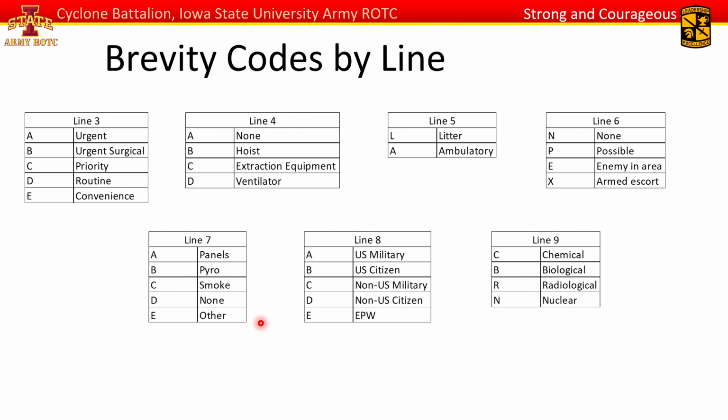So what you'll do is you'll transmit the brevity code, and then the pickup crew is going to confirm the color with you, so they will get in contact over the radio and say, this is what I see.